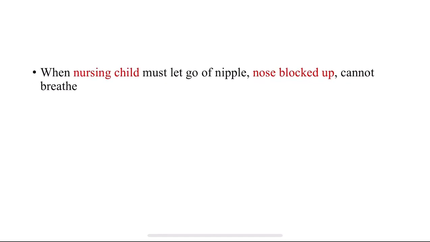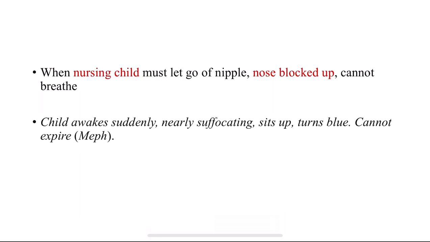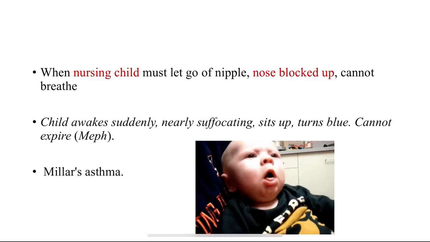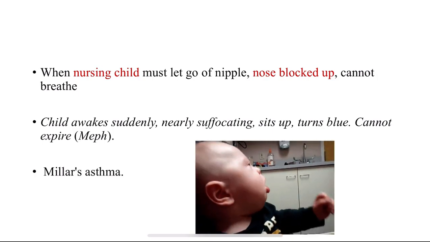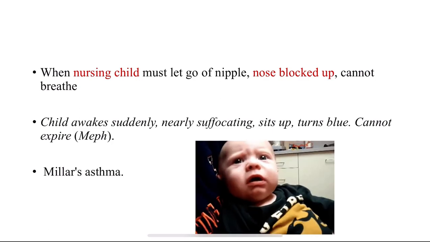When nursing, the child must let go of the nipple because the nose is blocked and the baby cannot breathe. The child awakens suddenly, nearly suffocating. So he sits up in the bed, he turns blue, and he can inspire but cannot expire. It is also indicated in Miller's asthma. And you can see the other remedy is mephitis.